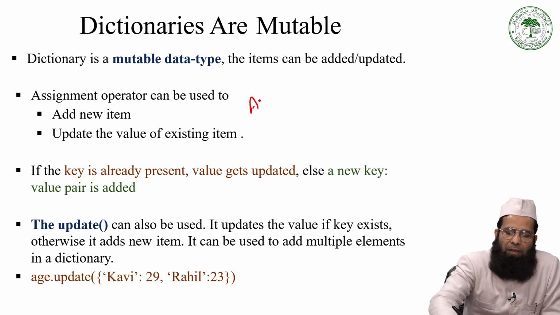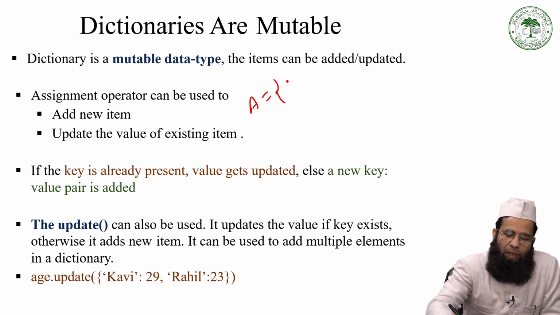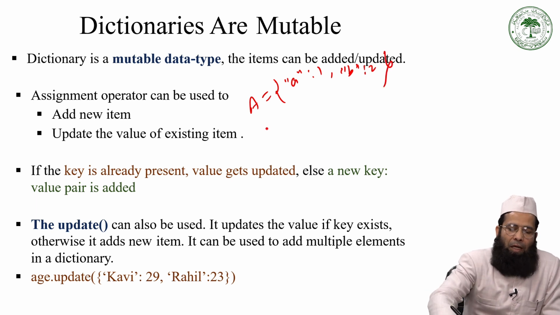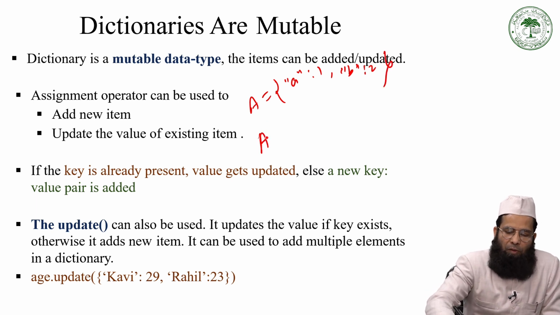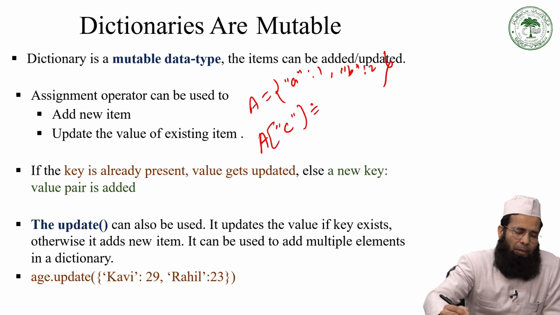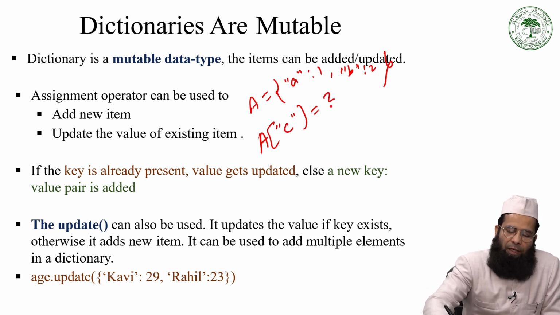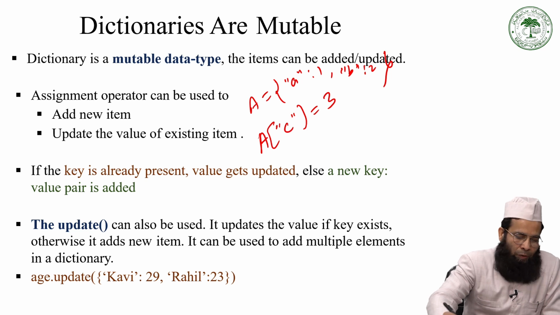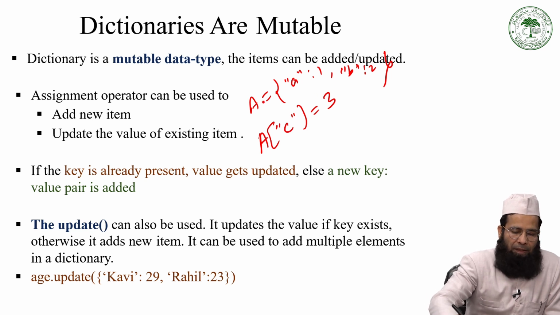So let's say you have this dictionary, with key value pairs A and 1, then B and 2. So this is your existing key. Let's say I'm trying to assign a value 3 at this particular key C. Since C is not present as a key in this dictionary, it would be added, right?